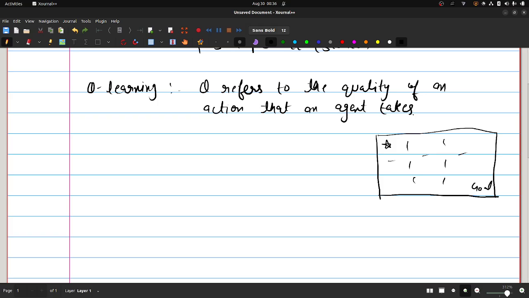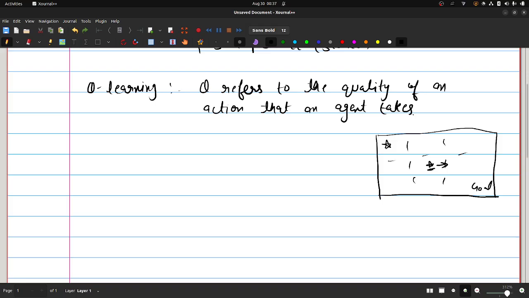Q refers to the quality of an action. If the agent reaches this point, what action does it need to take so that it can easily go to its goal? Logically, it seems the agent needs to take an action to the right. So the quality of that action determines the value of Q of the state.